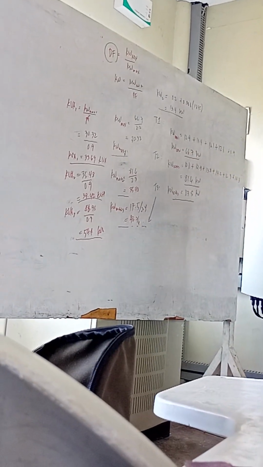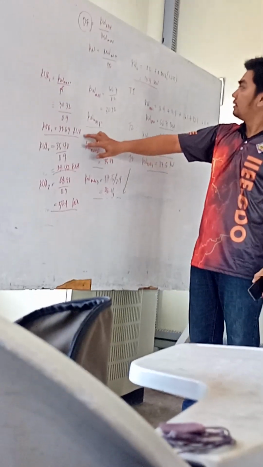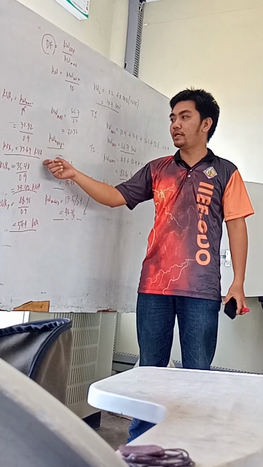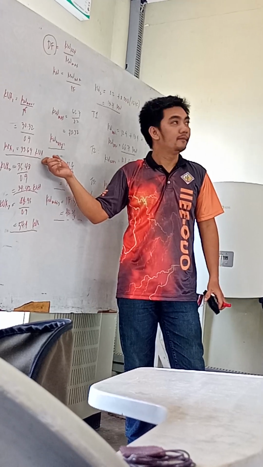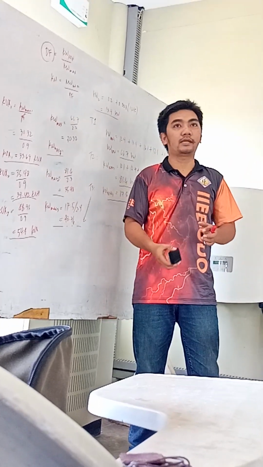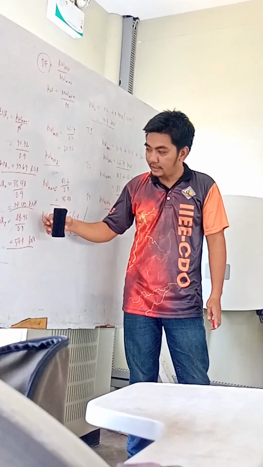If you compare it with the ratings, Transformer 1 is rated at 25 kVA, but its maximum loading reaches 33.69. If you ratio that, it's around 135% of the rating. That's too much.